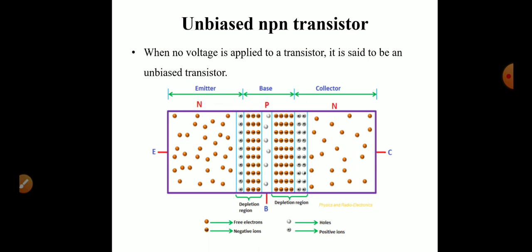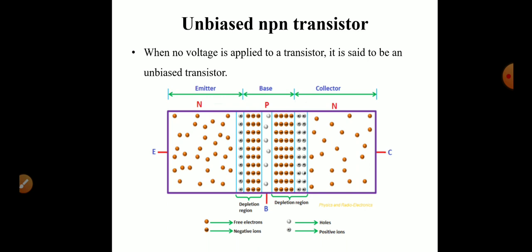We all know that in the N region, electrons are the majority carriers, and in the P region, holes are the majority carriers. By using special fabrication techniques, in an NPN transistor, two diodes are connected together to form the NPN transistor.